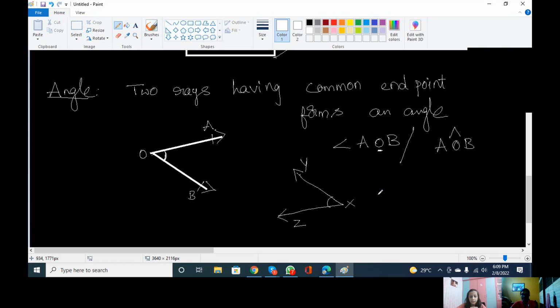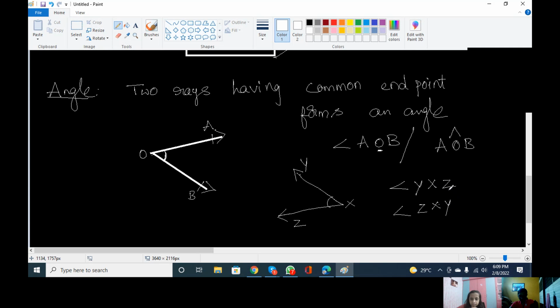How can you name this angle? Angle YXZ. Yes, angle YXZ. And also you can name it as ZXY. Nothing wrong, both are the same. Our aim is to write the letters so that this vertex should be in the middle.